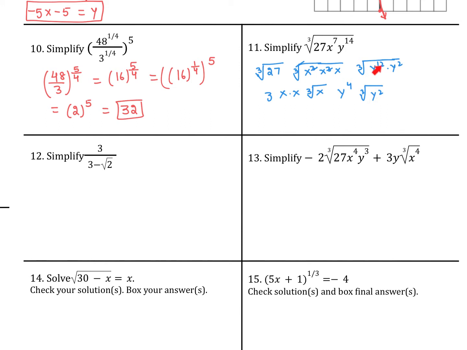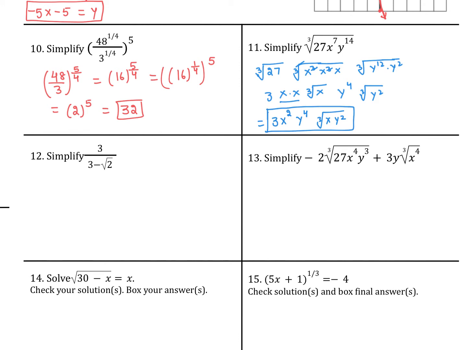The numbers that are outside, we write them together in the front. That is 3x squared, y to the power 4. And then what we're left with inside is x y squared. And that's going to be your final answer.